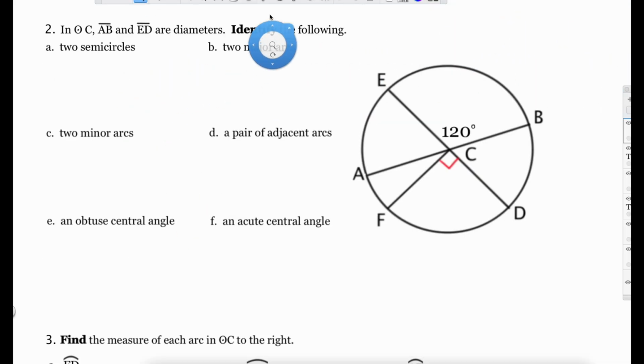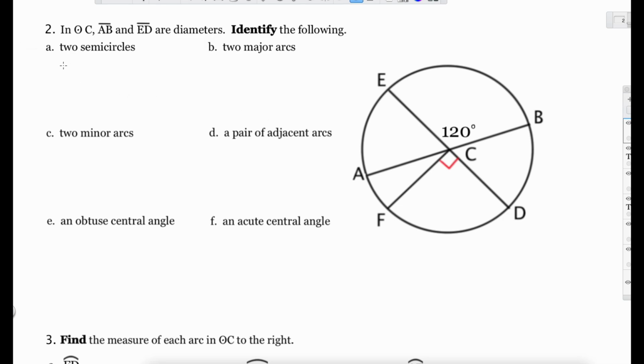Let's identify a few things here. How about two semicircles? Semi means half. If we do ED, for instance, this semicircle, it's hard to tell if I'm going on this side or this side of the circle.